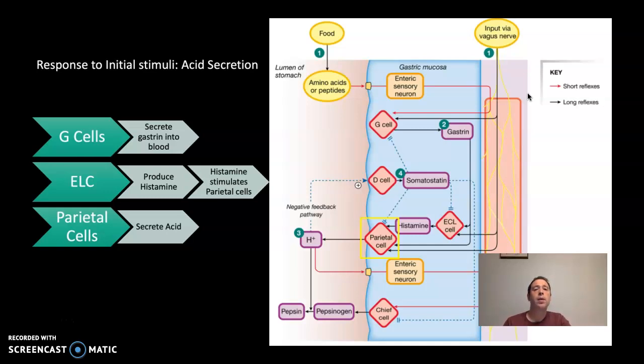I'd like to point out that these G cells that produce the gastrin respond to the initial stimuli from either food or distension in the stomach or input via the vagal nerve.